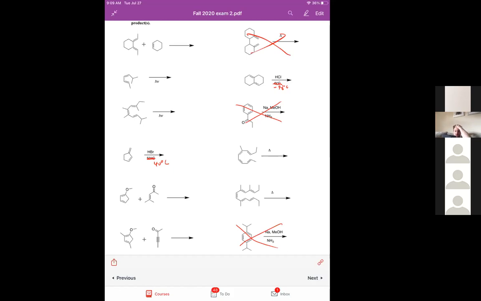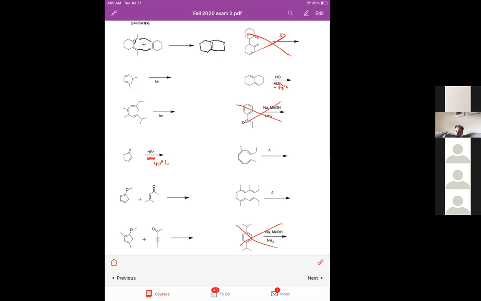So this top one's a Diels-Alder. We'll make a 6-membered ring. We're actually going to make 3 6-membered rings on this one. The middle one is the one you just made, and it's got this other ring attached to it.